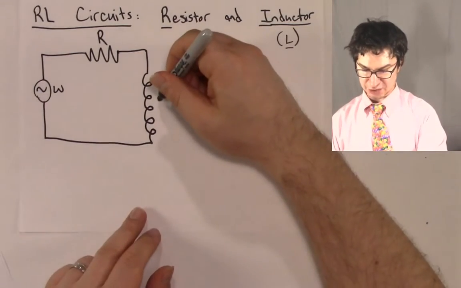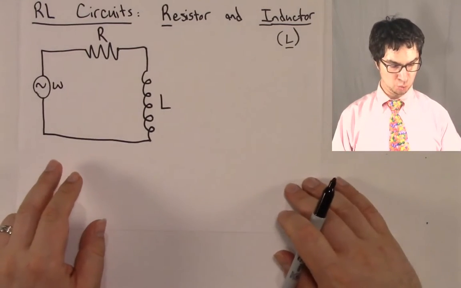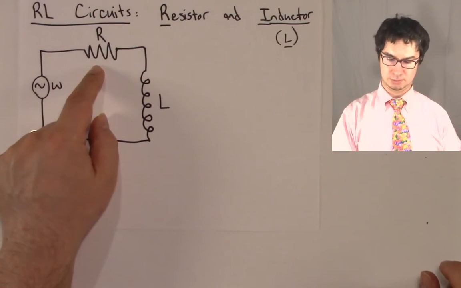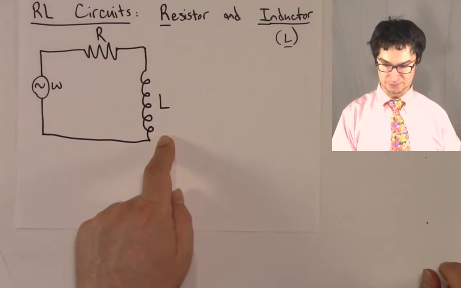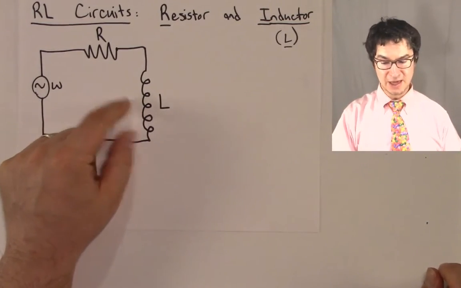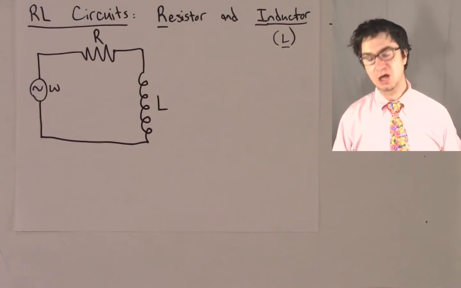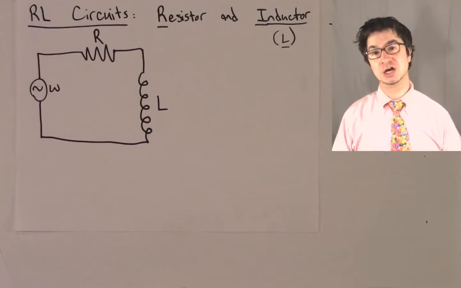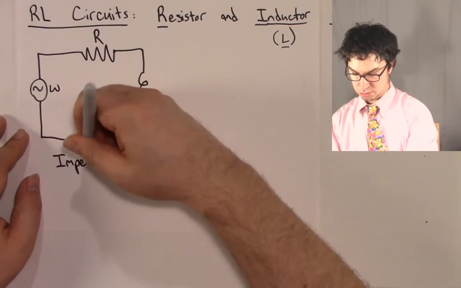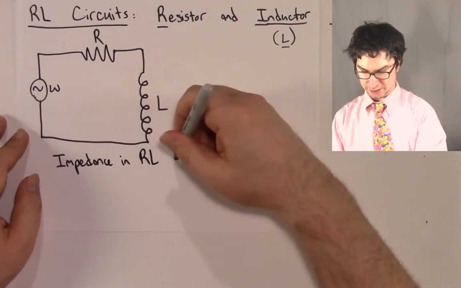And this has an inductance L. Now, this has resistance and this has reactance, so together, what do you think they have? If it follows the same pattern as an RC circuit, it's going to have what's known as an impedance. So let's look at the impedance in an RL circuit.